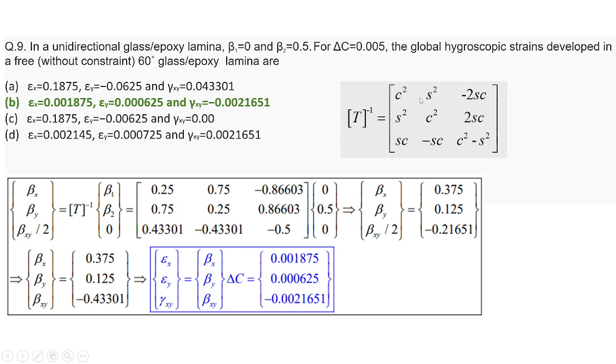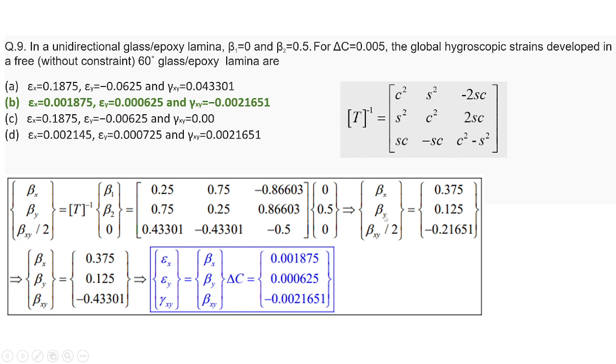Here CS is cos theta, sine theta, and theta is given as 60 degrees. We will solve this matrix with the principal axis coefficients and find the coefficients in the global axis.